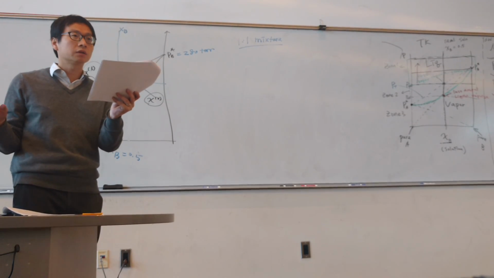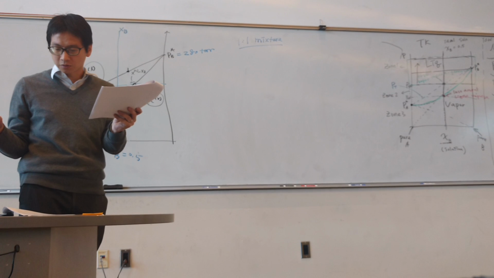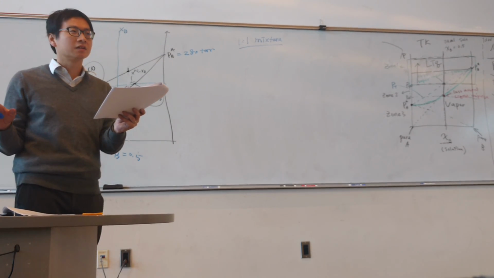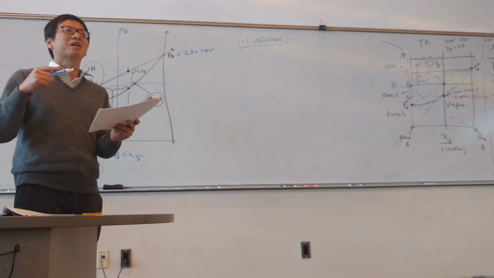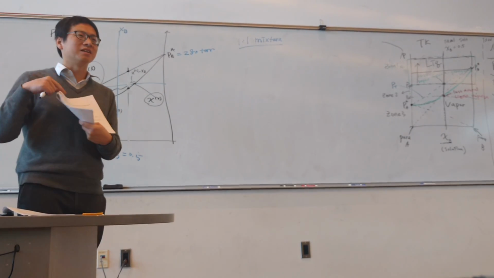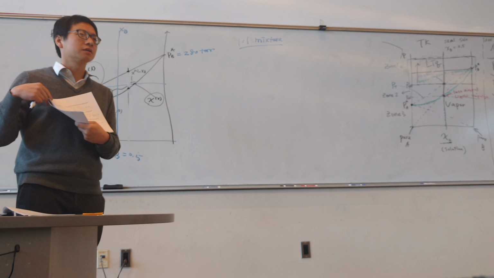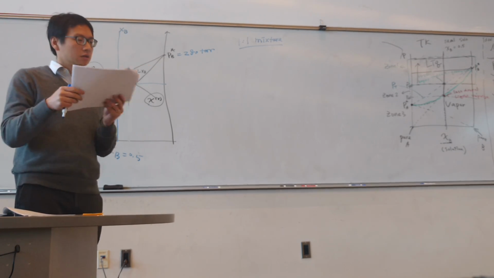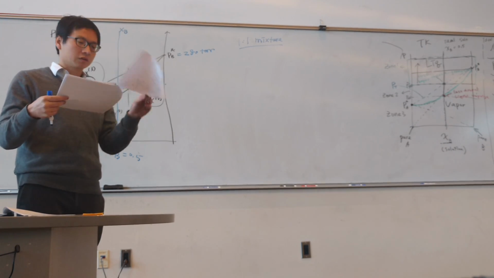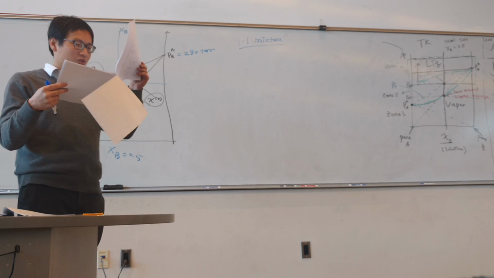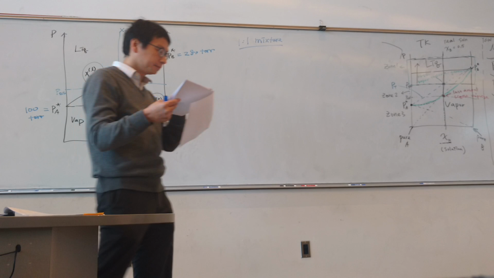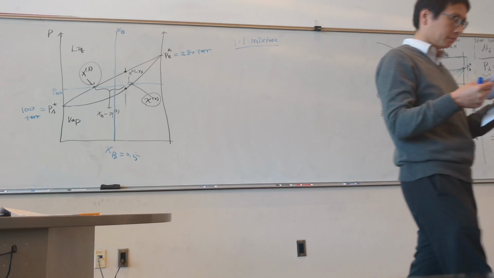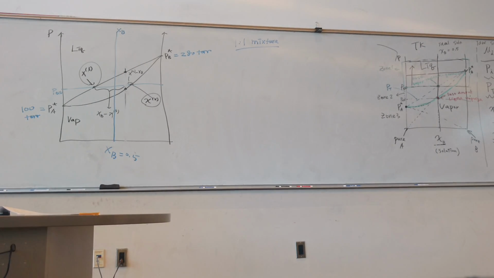You need the page number? Yes. Number 6 or number 7? 6 or 7? Because in the updated version, I add one more slide in front. So it's temperature dependent. No, not one slide before the temperature dependence. Is that the binary ideal solution? Binary ideal solution. Yeah, after that.